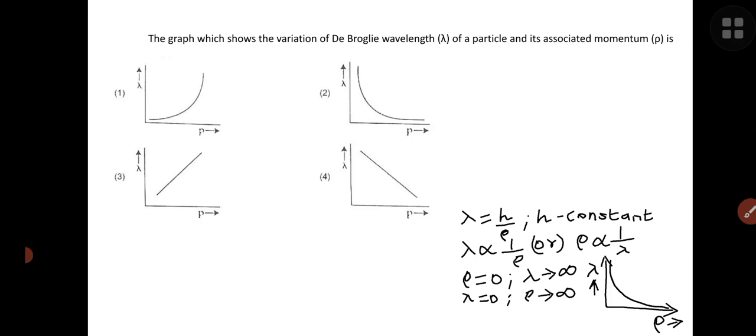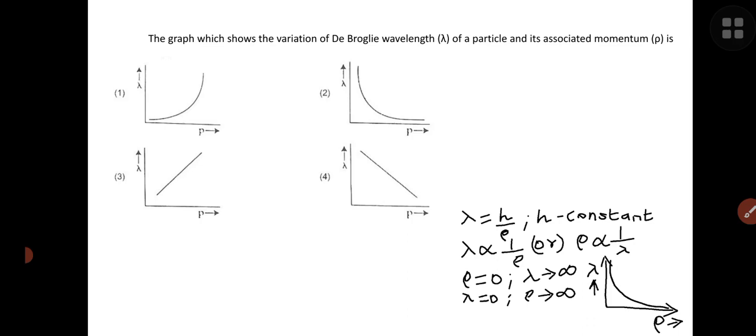Before solving, let's write the relationship equation for wavelength and the momentum p. Lambda is equal to h by p, where h is the constant. Hence, lambda is directly proportional to 1 by the momentum.